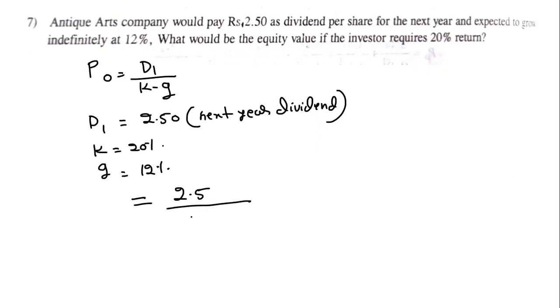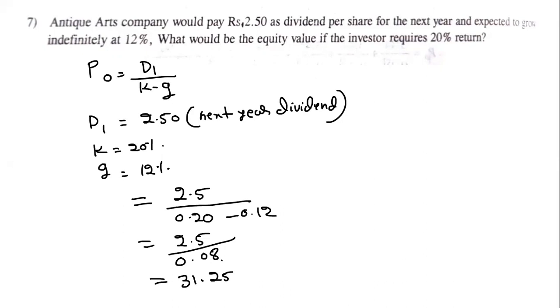So 2.5 divided by 0.20 minus 0.12, is equal to 2.5 divided by 0.08, which is 31.25.